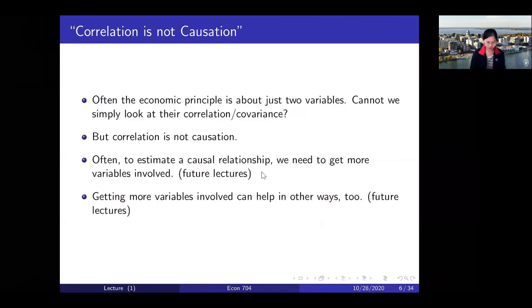Often, to estimate a causal relationship, we need to get more variables involved. Getting more variables involved will help us estimate a causal relationship and may also help in other ways as well. We're going to talk about these things in future lectures. So these are the reasons that just focusing on correlation, just focusing on two variables, is not enough.